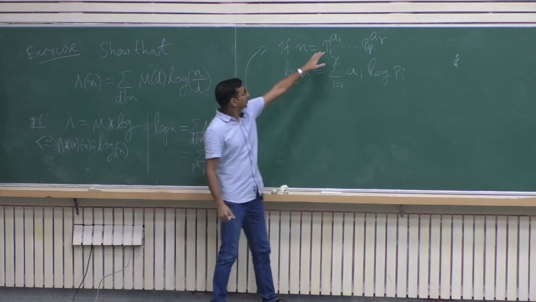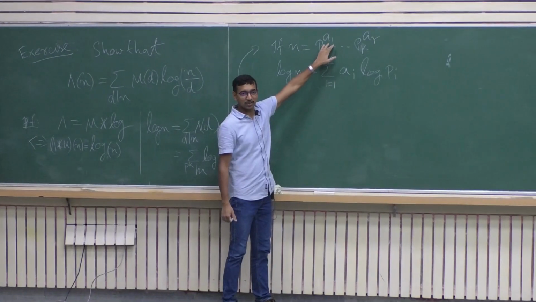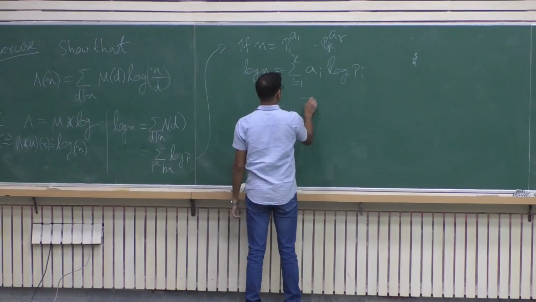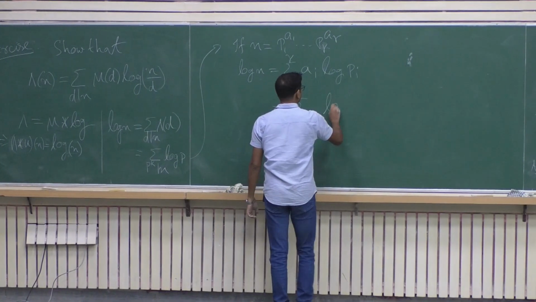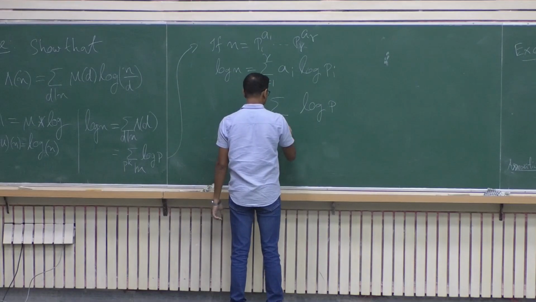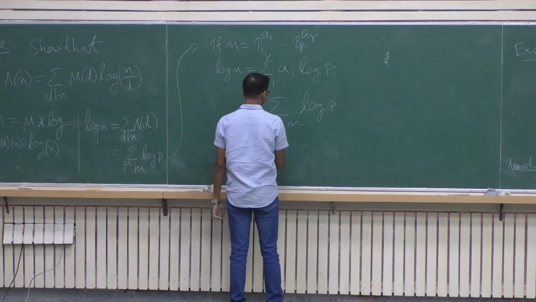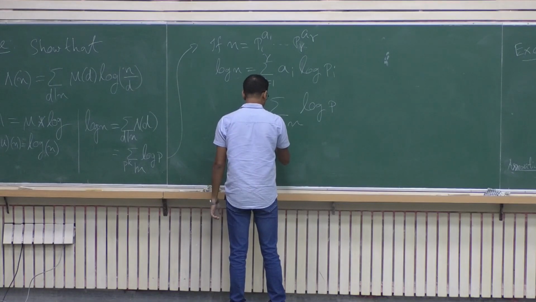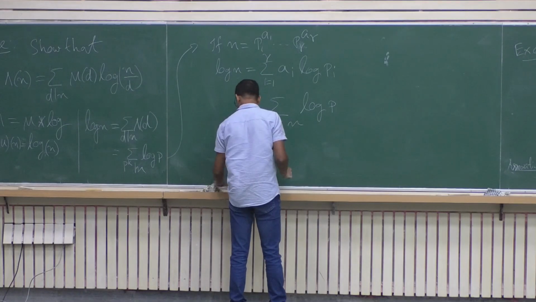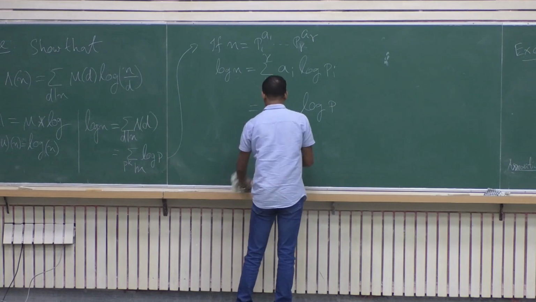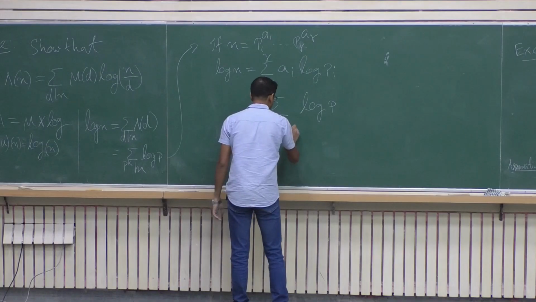So this is basically exactly the same expression, the sum of log p over all primes less than or equal to n, such that p^k is dividing n.